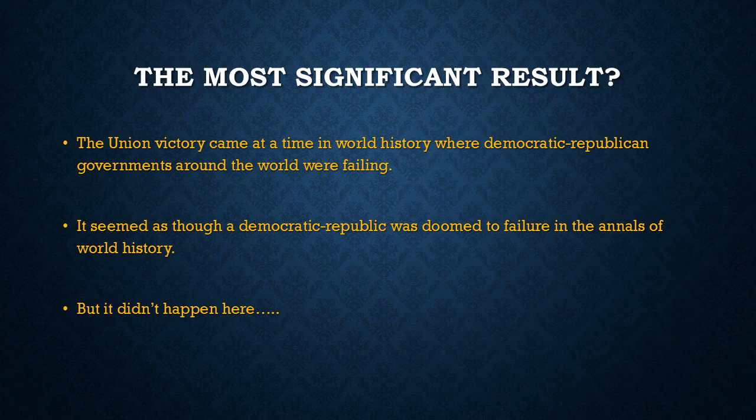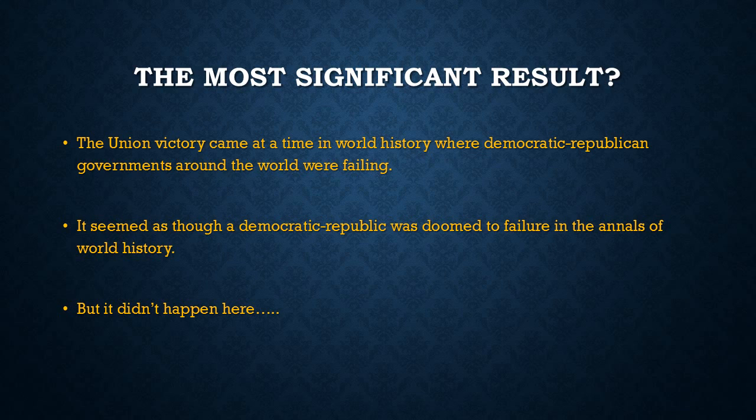What I mean by this is that the Union victory came at a time in world history where worldwide democratic republican governments were failing. They were being replaced in many cases by dictatorships, by autocracies, maybe even plutocracies.